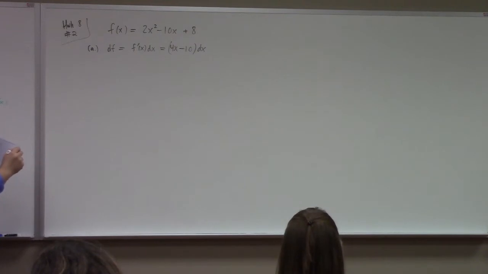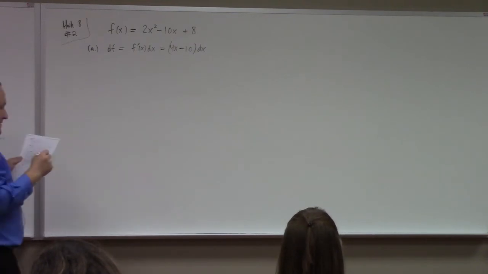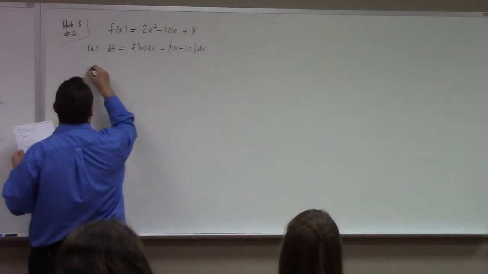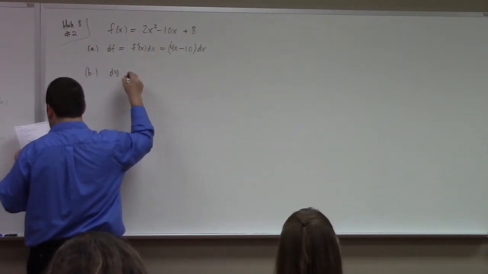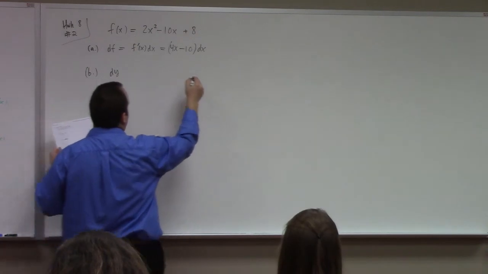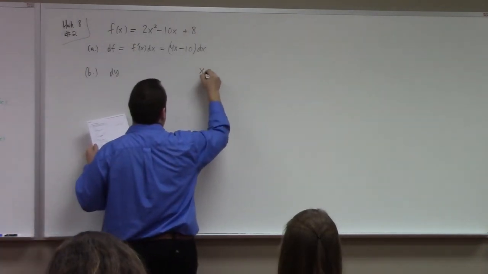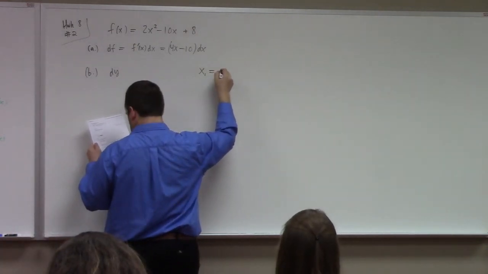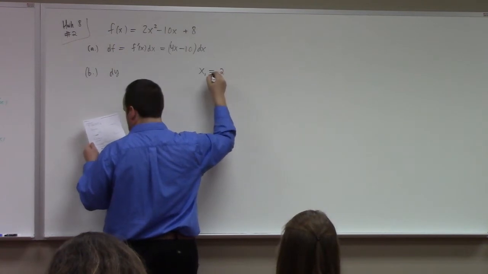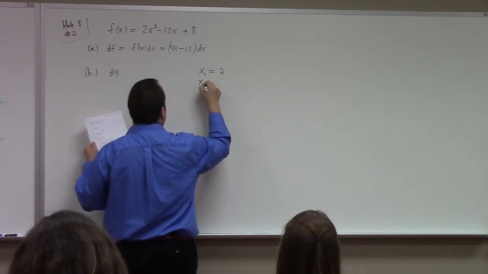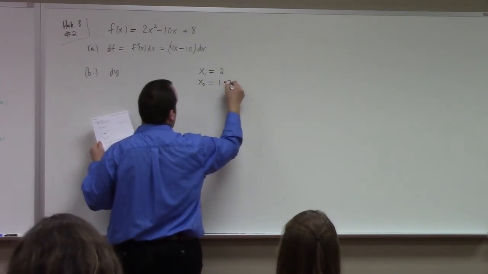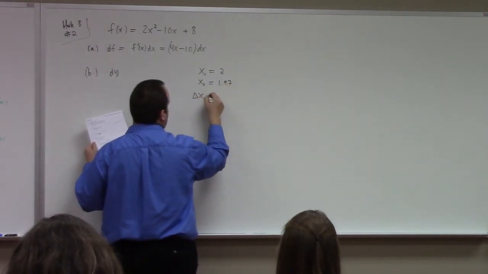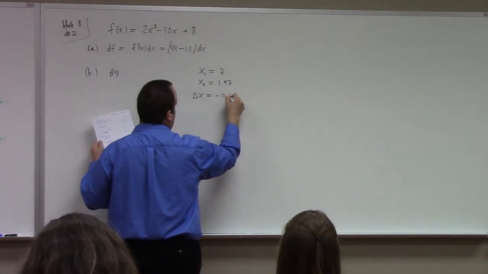You got that one, right? And then B, you're supposed to use that to approximate dy. You're given that x changes from x1 equals 2 to x2 equals 1.97. So the change in x would be minus 0.03.